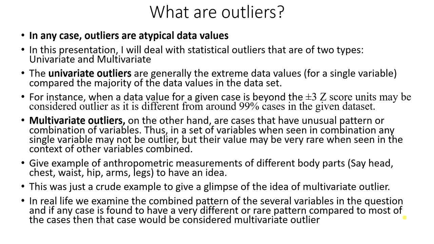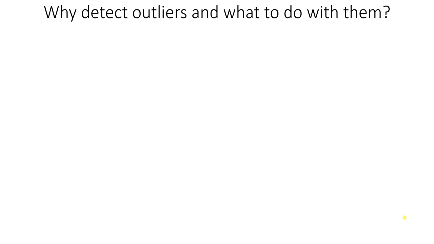So using some statistical technique, in real life, we identify multivariate outliers. In this presentation I will demonstrate using SPSS how to identify these outliers, the univariate and multivariate outliers.